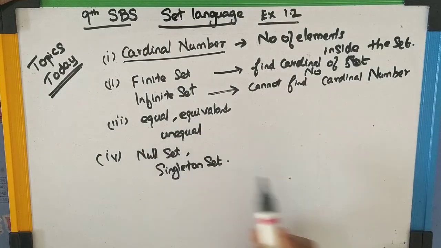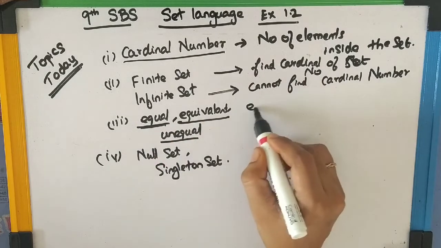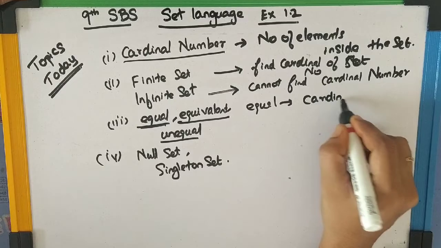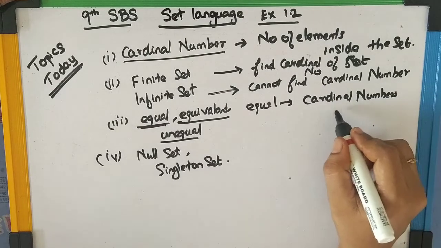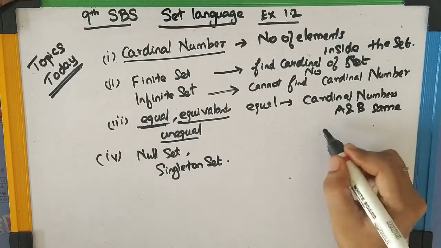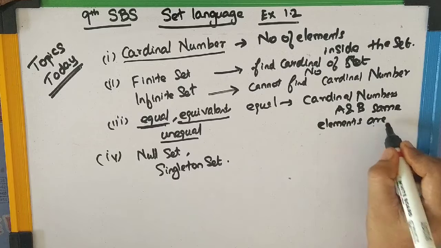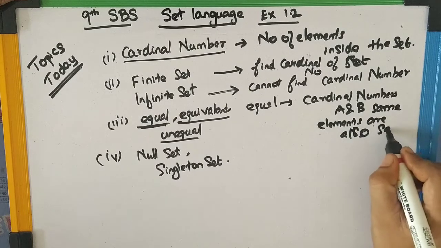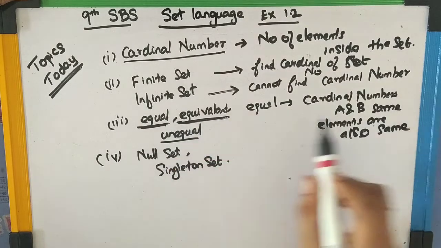Now let's see about equal, equivalent and unequal sets. What is an equal set? If the cardinal numbers of two sets are equal and if the two sets have the same elements, exactly the same elements, then if both conditions are satisfied, the two sets are equal sets. What is an equivalent set?